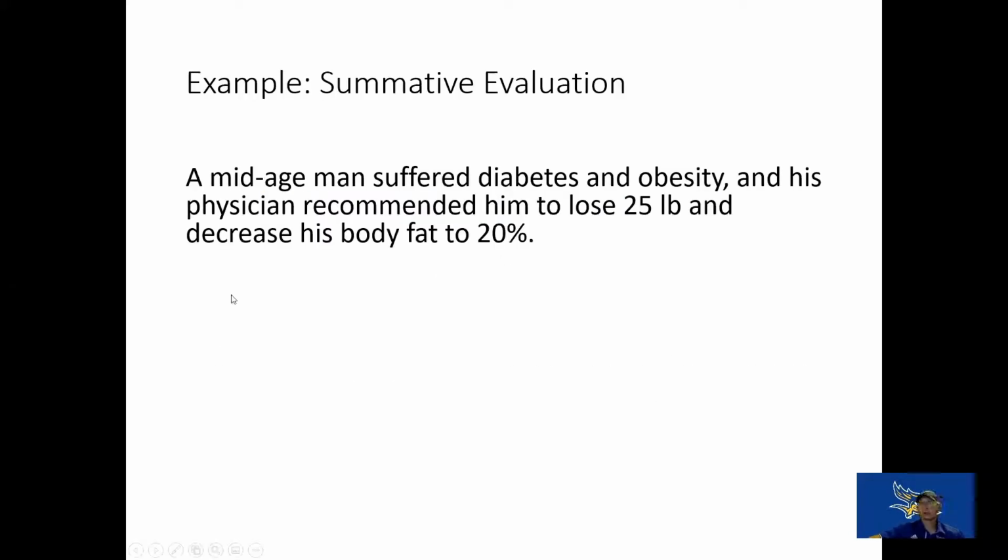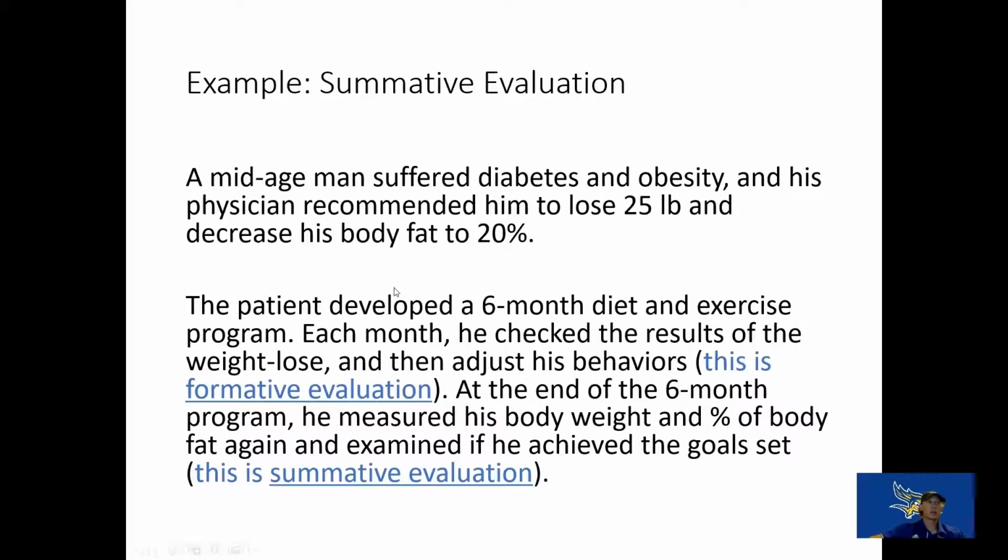Okay, some examples here. Maybe you have a middle-aged man with diabetes and obesity, and his doctor tells him he has to lose 25 pounds and decrease his body fat down to 20%, somewhere within that normal, healthier range compared to someone with diabetes and obesity. So you perform a 6-month plan. At the start, you're checking where they are.